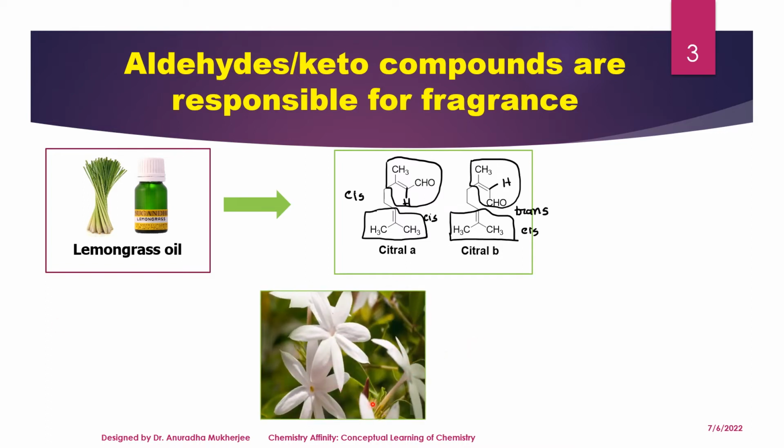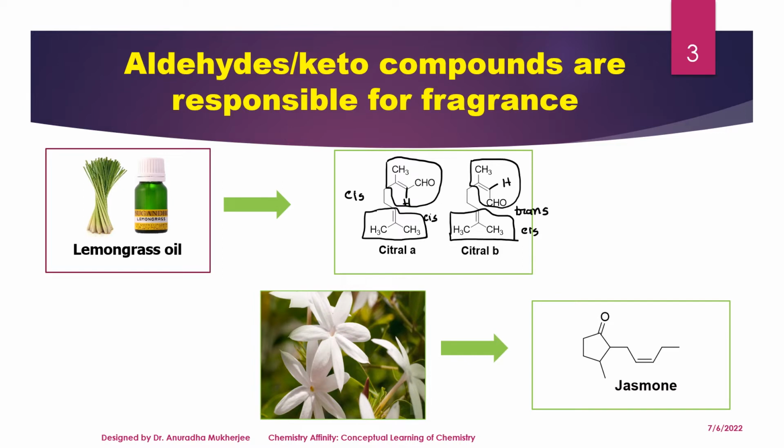This is the popular jasmine flower. We all know the fragrance of the jasmine flower. And this is the compound which is responsible for the fragrance of the jasmine flower. This is called jasmone. So jasmone also contains a carbonyl group. It is not an aldehyde, it's a keto group, C double bond O. It is also an aliphatic ketone because it does not have an aromatic group.